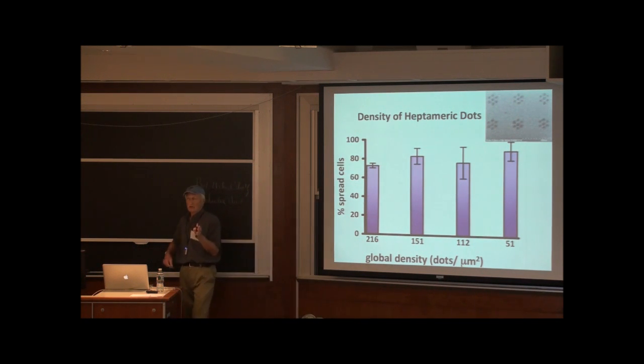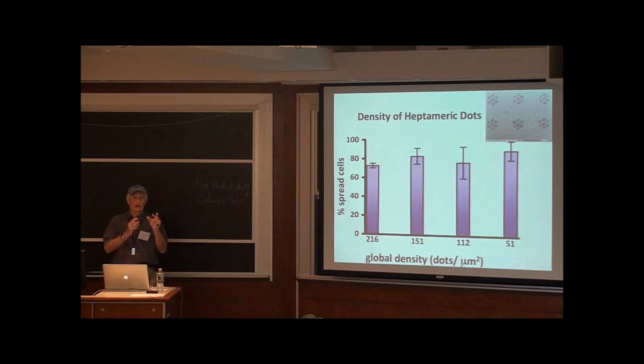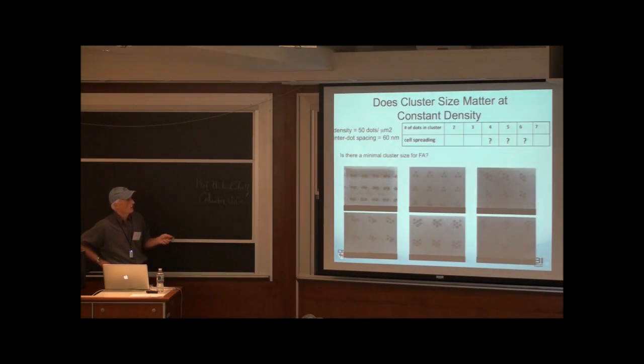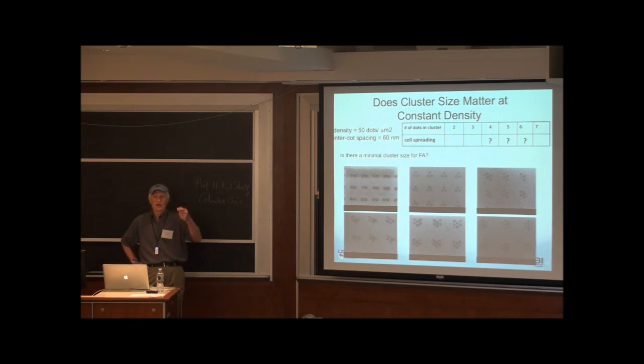That we could have a cluster at that density, 50 dots per square microns, if they were clustered in these arrays, they would support spreading. So we went back and now produced, at a constant number of dots per square micron, dimeric, trimeric, tetrameric, pentameric, hexameric, and heptameric arrays of dots.